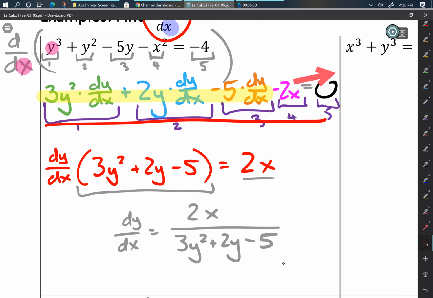But more often than not, almost all the time, you're going to get a fraction there. And the time that you don't see a fraction there, you should stop and go, did I make a mistake? And then attempt to simplify that.